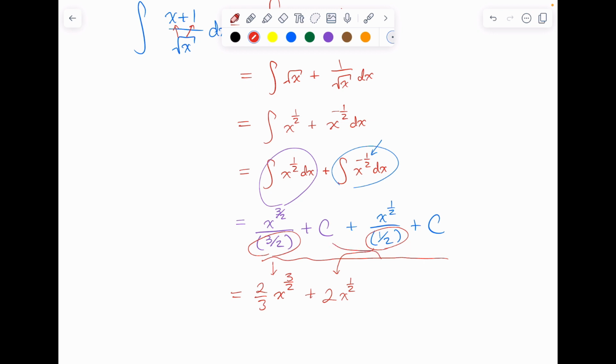Now these two constants, we don't know what either of them are, but in fact they don't really represent one particular number. They just represent all constant numbers. And if you take a constant plus any constant, what you end up with is just a constant. And so we would say that this is the antiderivative.